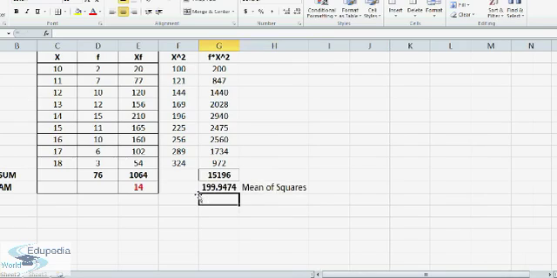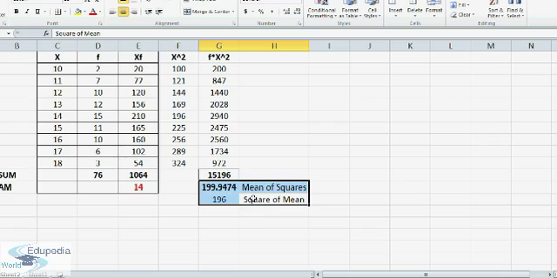And what is the square of the mean? We have the mean here, which is 14, so the square of the mean would be the value here raised to power 2. This is the square of the mean.